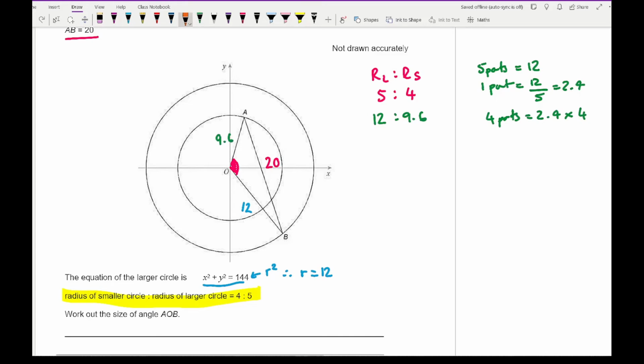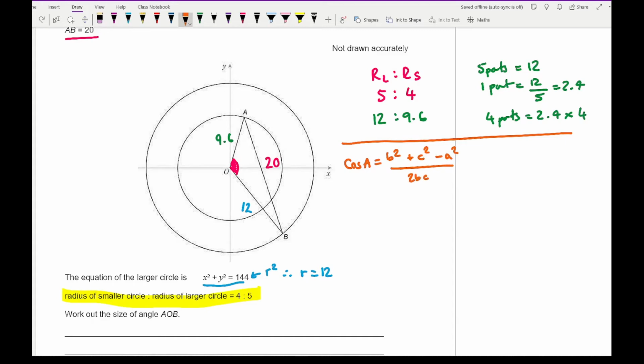From this, I now know all the 3 sides of the triangle, so I can use the cosine rule to work out what the angle AOB is going to be. Let me just write down the formula, cos A equals b squared plus c squared minus a squared over 2bc.